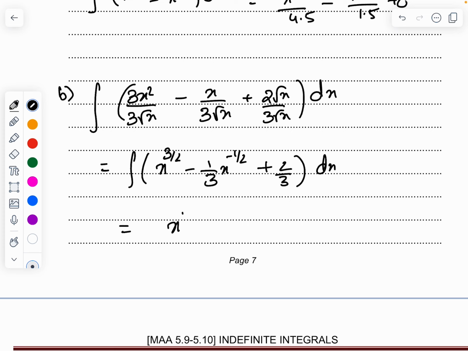So it becomes x power 5 upon 2 upon 5 upon 2, which is 2 upon 5, minus 1 upon 3 times 1 upon 2 which becomes 2 x power 1 upon 2, plus 2 upon 3 x.